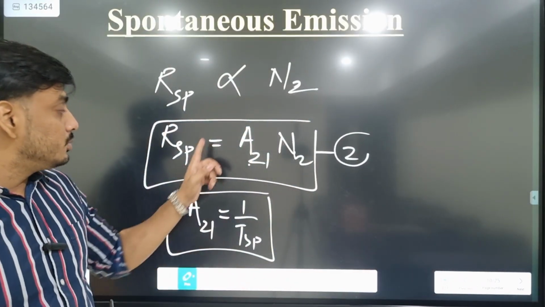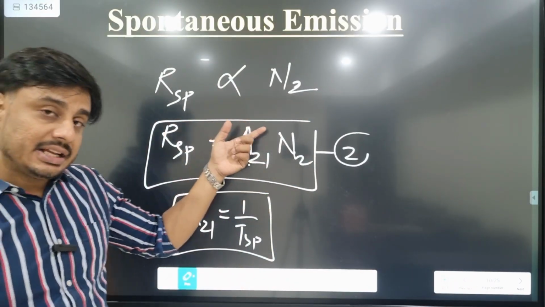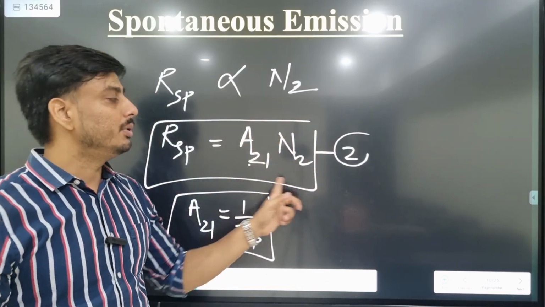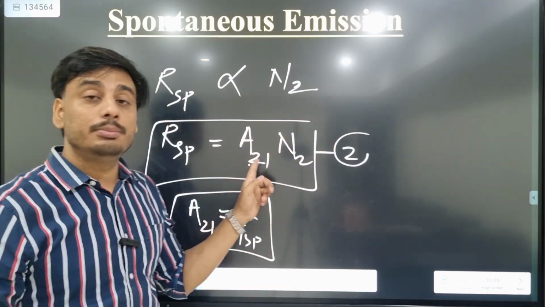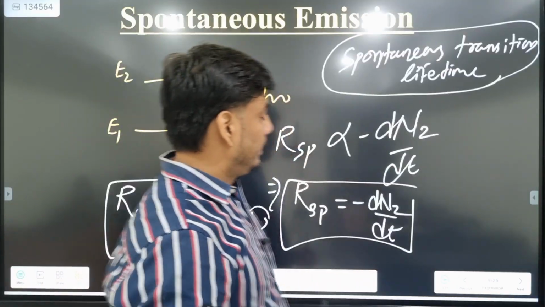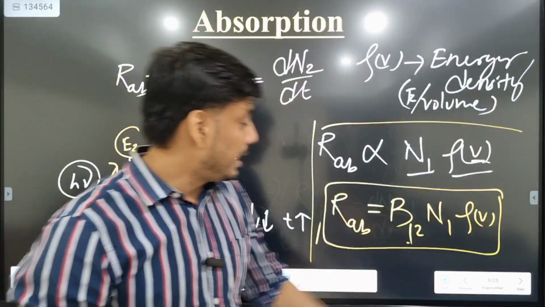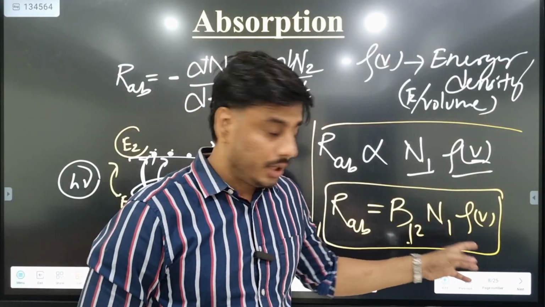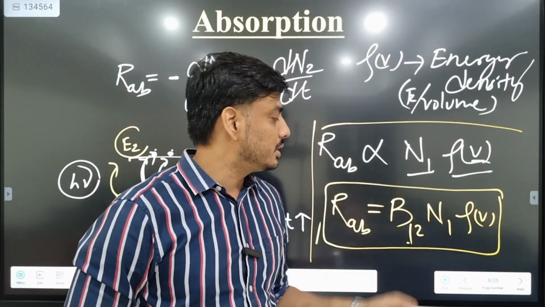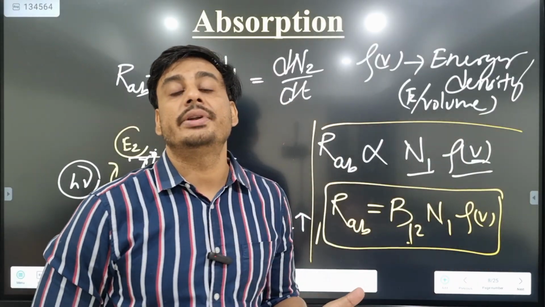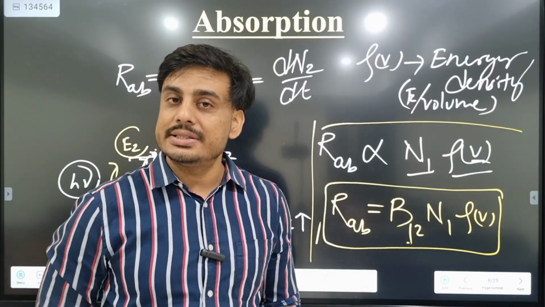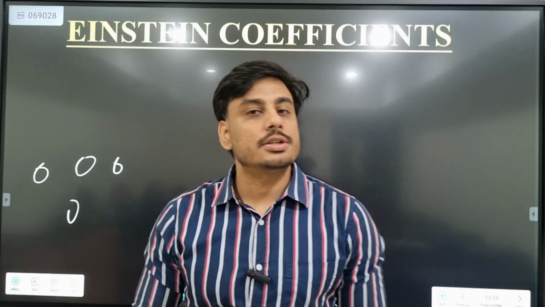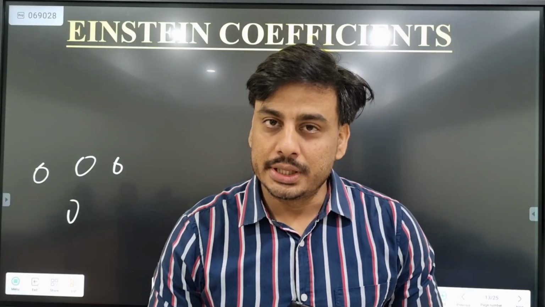Here we have used A21, meaning particles are moving from 2 to 1, higher to lower, but since there is no involvement of external energy, we have used the symbol A. And in the first case, absorption, B12, again energy is involved. Since energy is involved we have used the symbol B, and the difference is 1 to 2, because the particles are absorbing energy and moving to the higher energy state. So we discussed all the Einstein's coefficients.